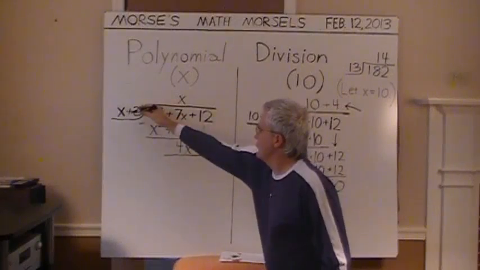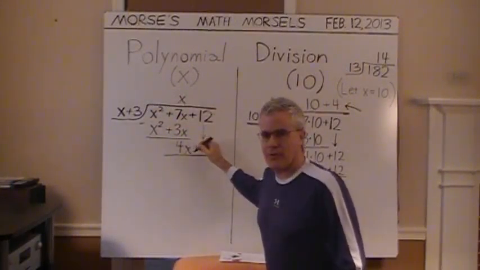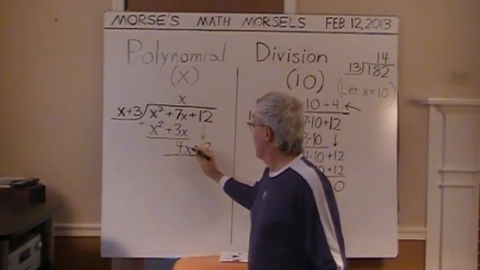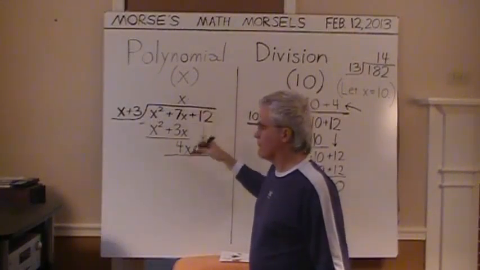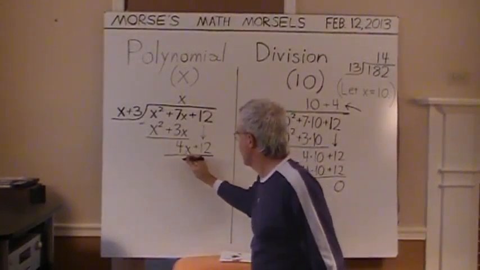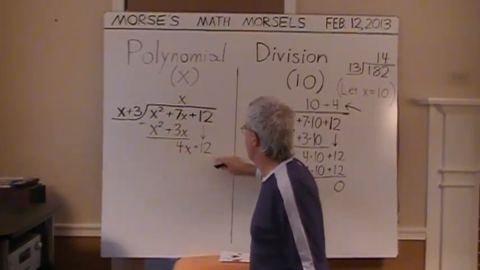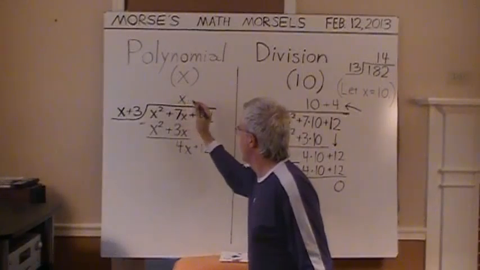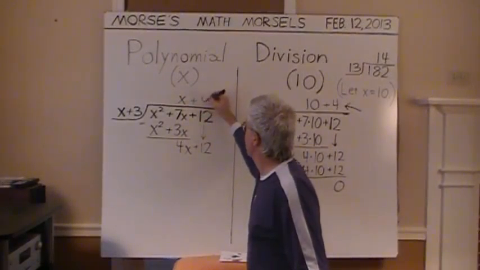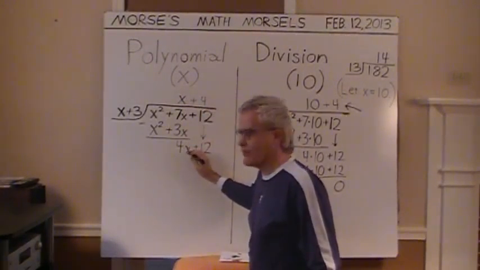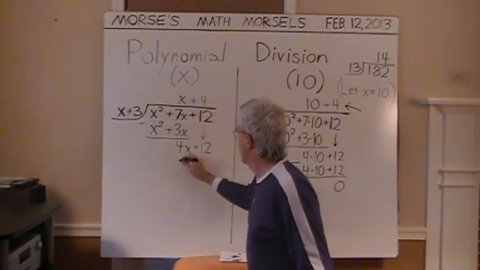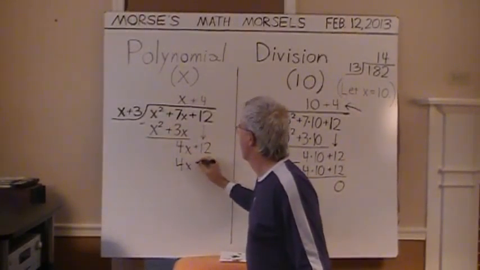Alright, how many x's do you need to multiply together to get 4x? 4 times some number versus some number. Well, you need 4 times that number. I don't need that line there anymore either. I need room. X times 4, well, this is going to be a plus 4 because this 4x is positive. X times 4 is 4x.